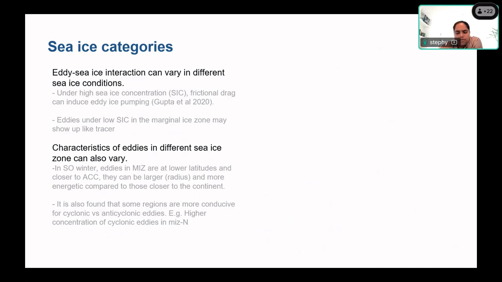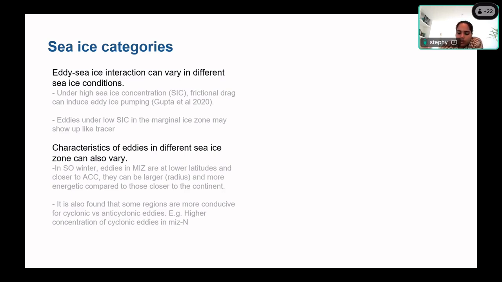For some reason, in eddy-ice interaction dynamics, some studies have shown that depending on whether the ice is mobile or immobile, whether it's pack ice or broken ice floes that are just moving around, the dynamics can change.